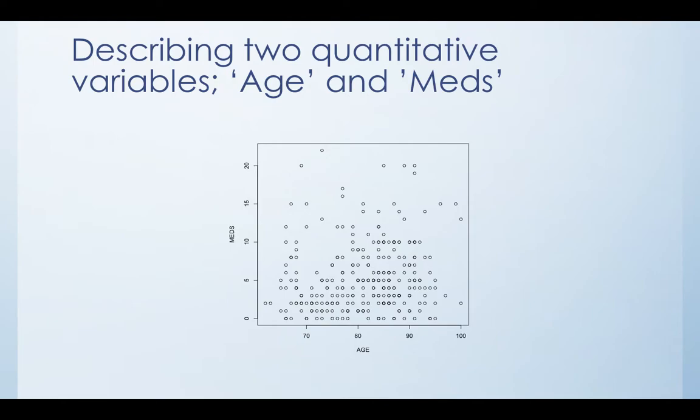This doesn't show much relation. Well, it doesn't show any relationship whatsoever. There's no linear pattern. It looks like if you're 90 or 70 or 65, the number of medications that you take just doesn't depend on age.